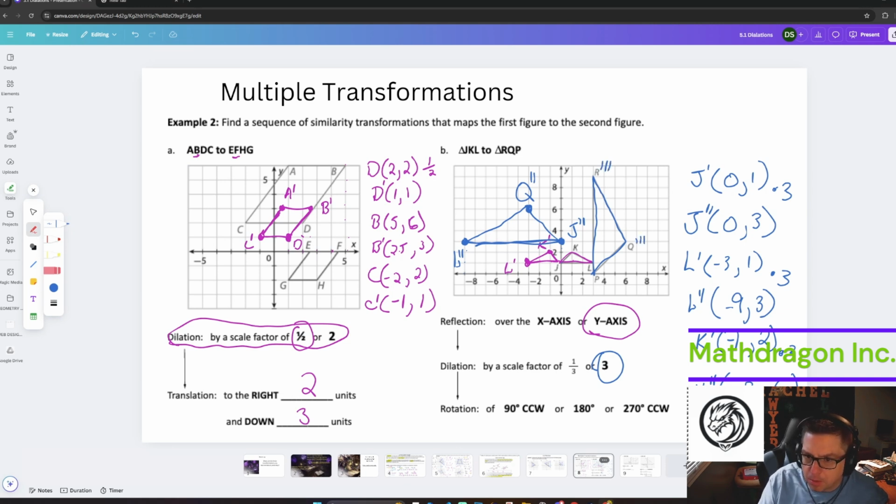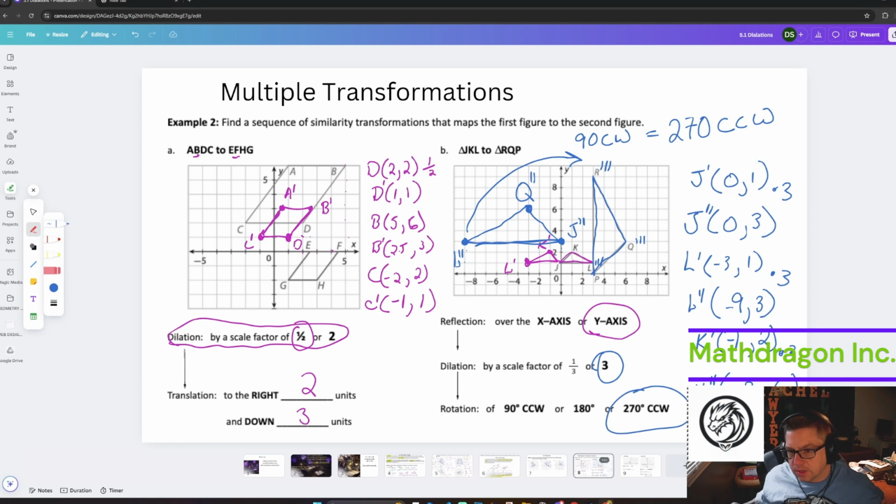Because we're just going to rotate this back clockwise, 90 degrees clockwise. But remember, 90 always equals 270, and it's the opposite. So it'll be 270 counterclockwise. Whew, man. Tricky, but you just have to pay attention to what transformations you're doing to get the figure that you want.